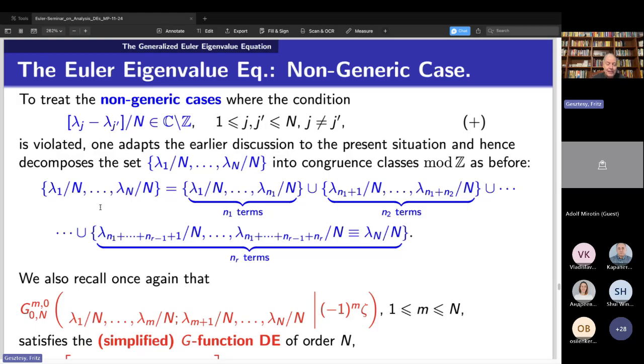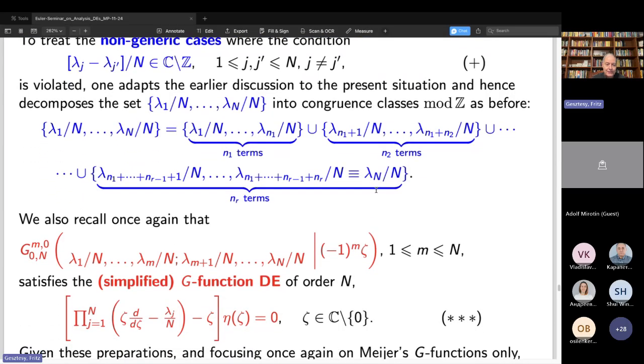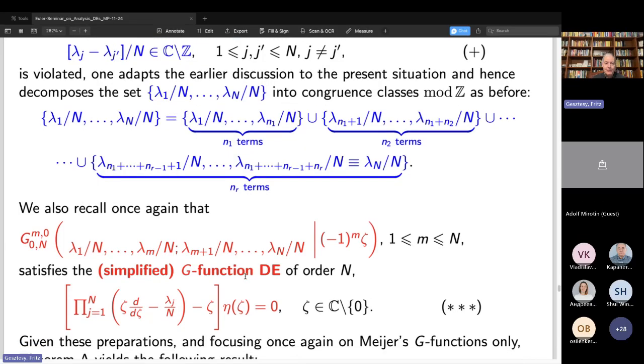So once again, we do our congruence classes modulo the integers. And I repeat what I did before. So this was the simplest one that we looked at. And in this case, we know that when n and p are 0, we get our simplified Euler differential equation 3 star.